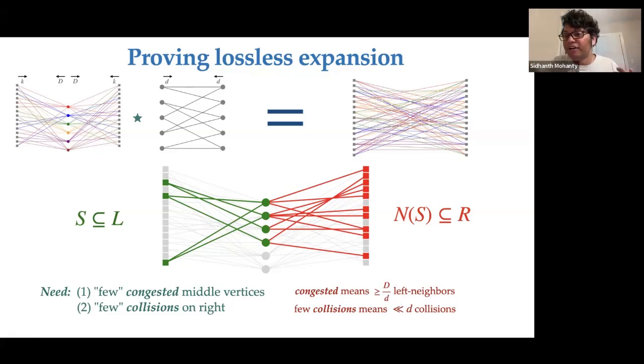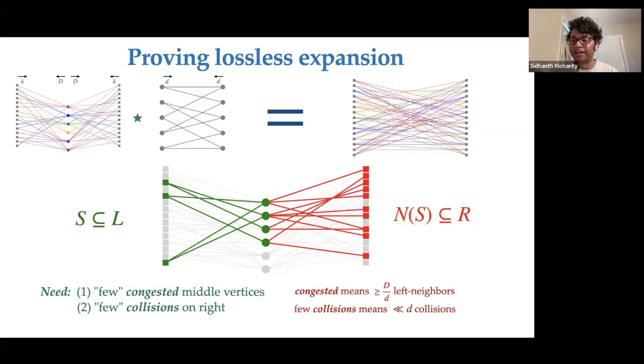Okay, but another source of issues for us, which could hurt lossless expansion, is collisions on the right. That is, if you look at the edges going from the middle to the right, if these edges have too many collisions among themselves, then that really hurts your vertex expansion.